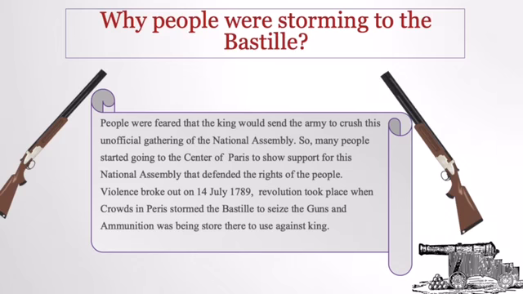So why did people storm the Bastille? Because they knew the king might take action against them, so they needed weapons, guns, and ammunition to defend themselves from the king and the army, so that they could fight with the king.